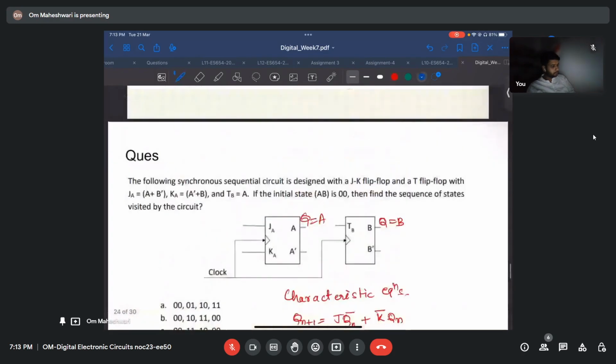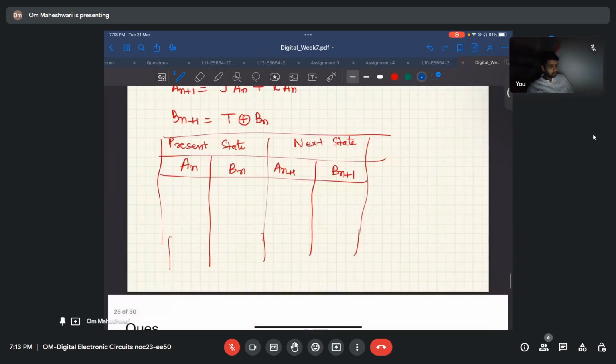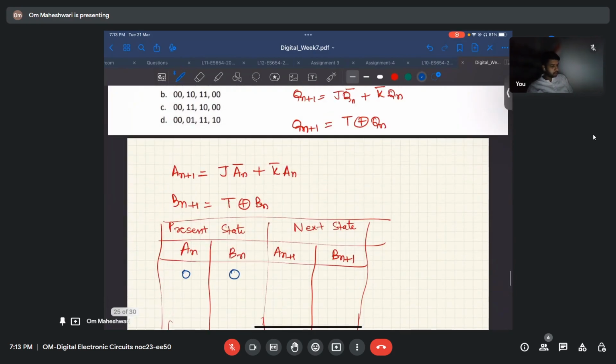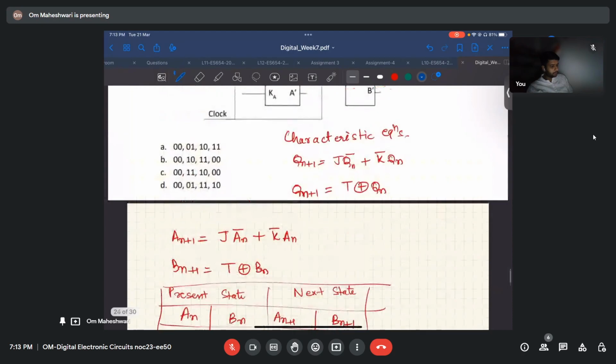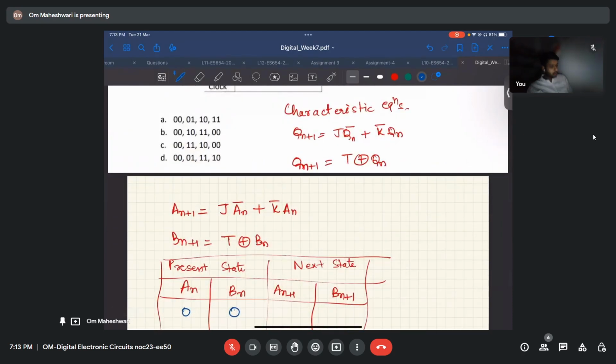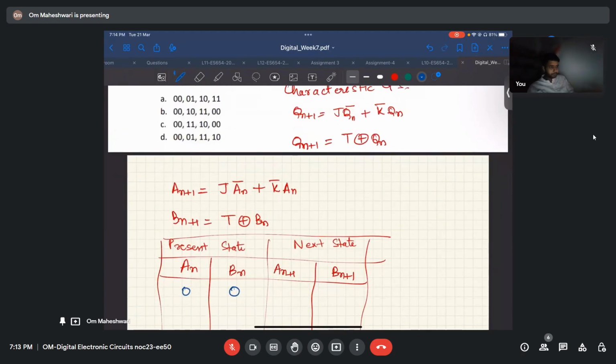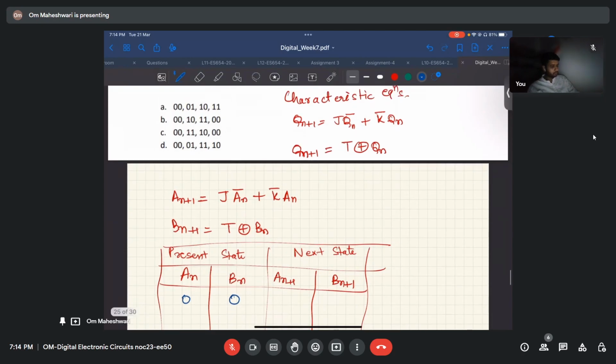Initially it is given as 0 0. So for An plus 1 we need J and K also. So we know J and K, right?